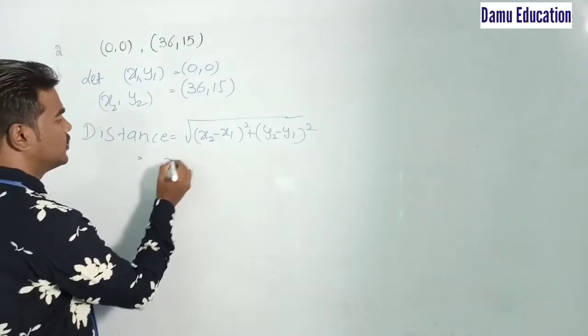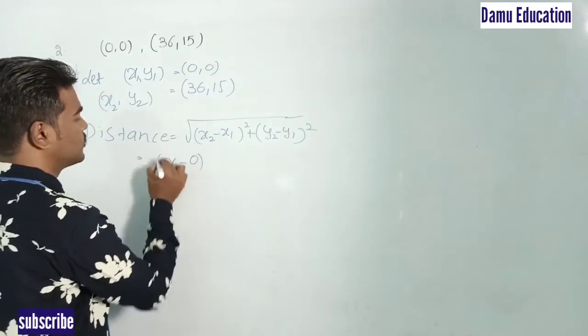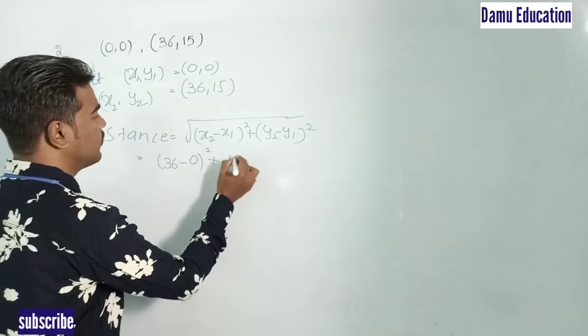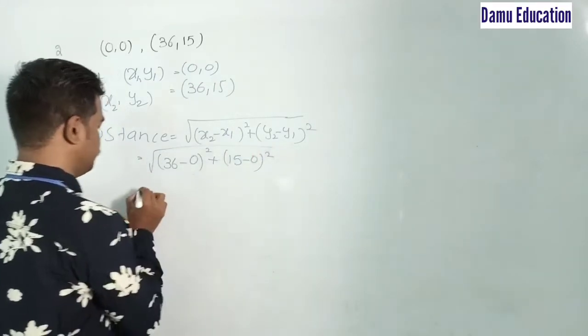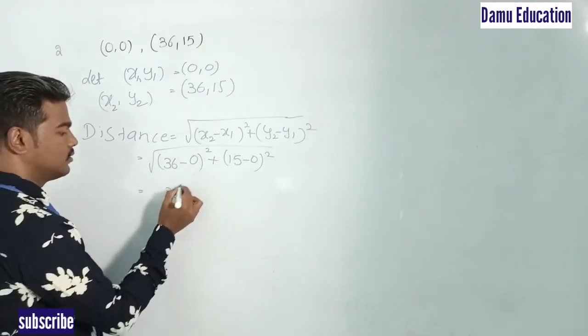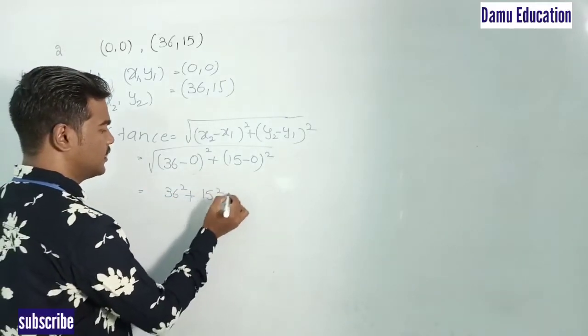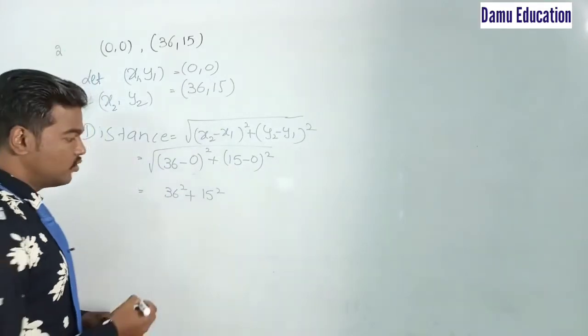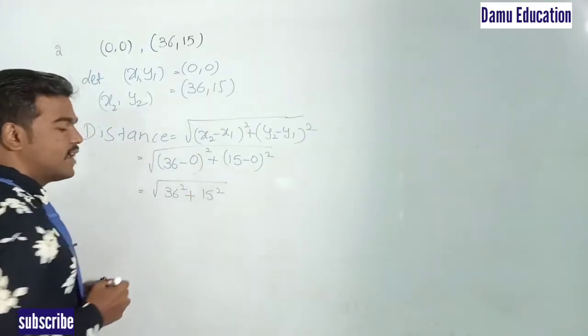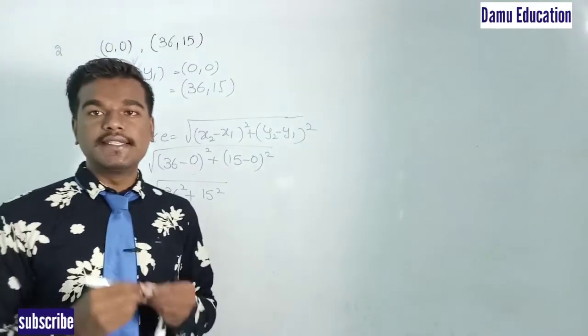x2 is what? 36 minus x1 is 0 whole square, plus y2 is what? 15 minus 0 whole square, and square root as usual. So 36 square plus 15 square. Subtraction of 0 means there is no change in values. So what is the value of 36 square? 36 into 36.